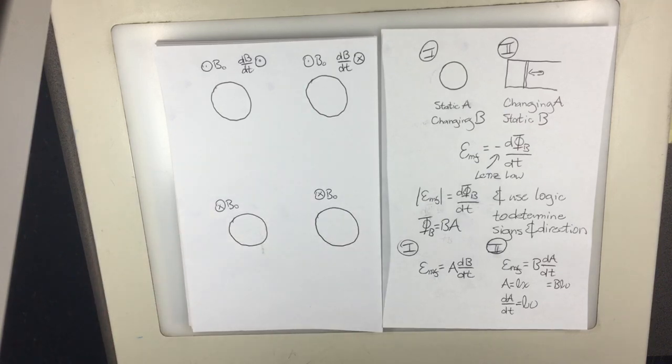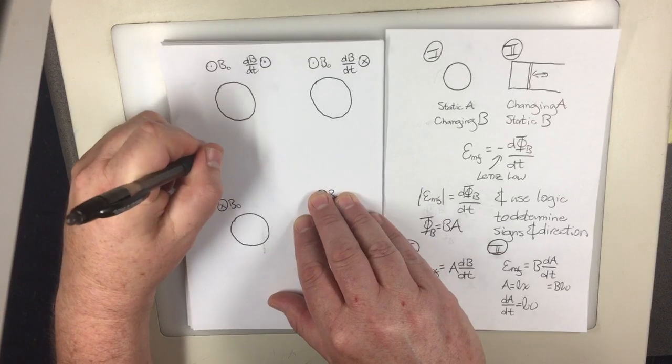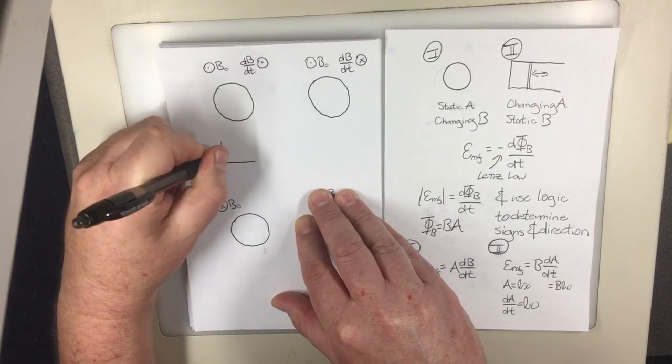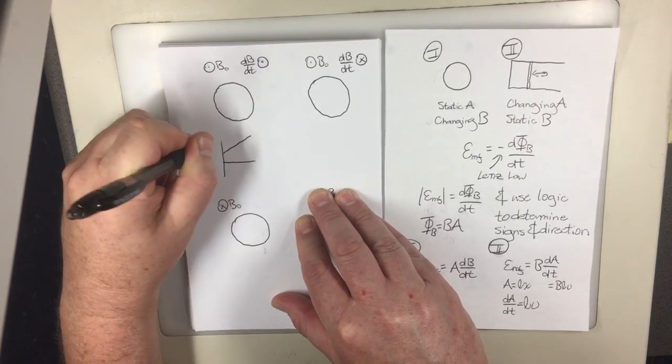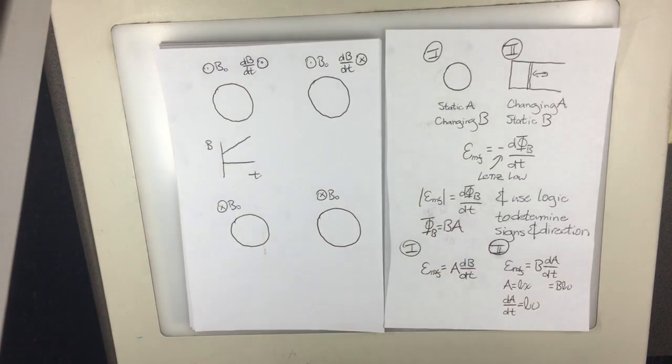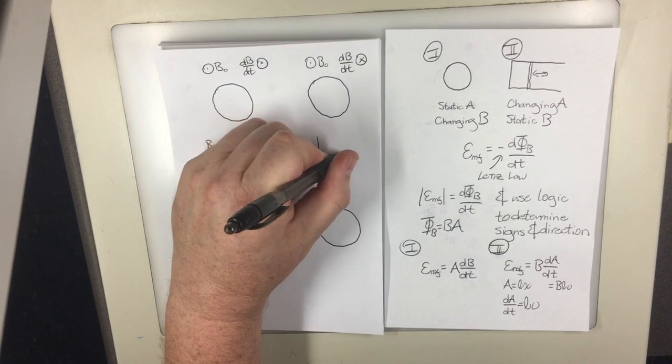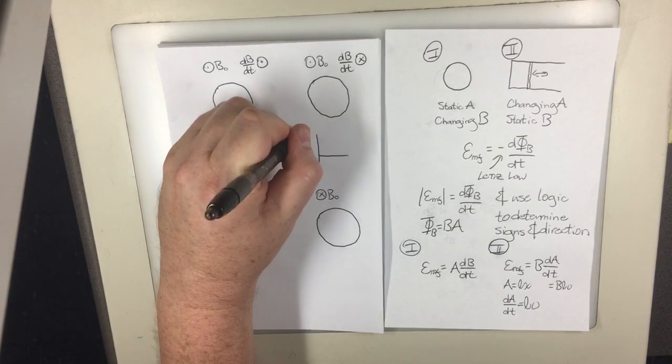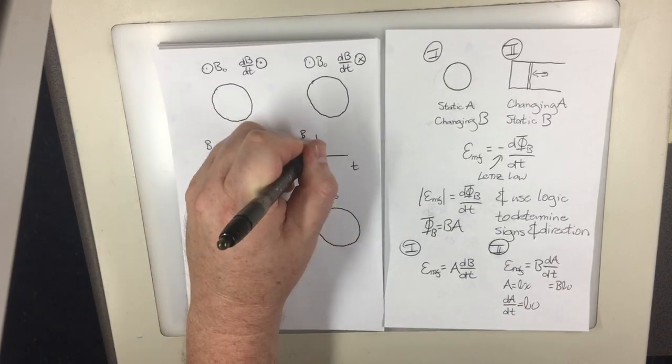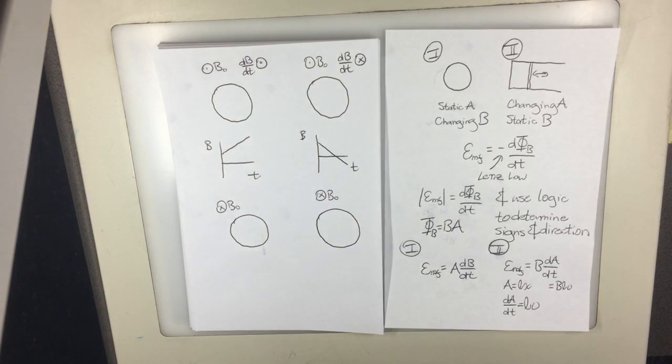Seeing your confusion right now, because you made that scrunchy face, let me plot it out. If I plot B as a function of time, it would look like that. The B field would be steadily increasing. Really, dB dt is just the slope of the B field. For something like this, it would look like that.